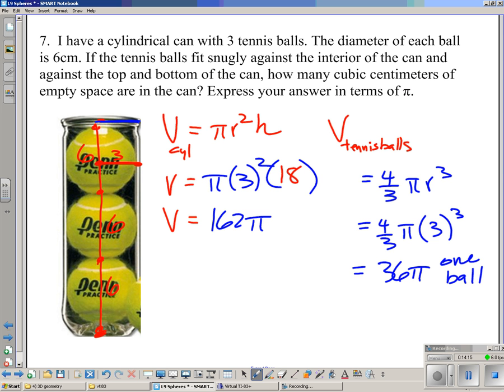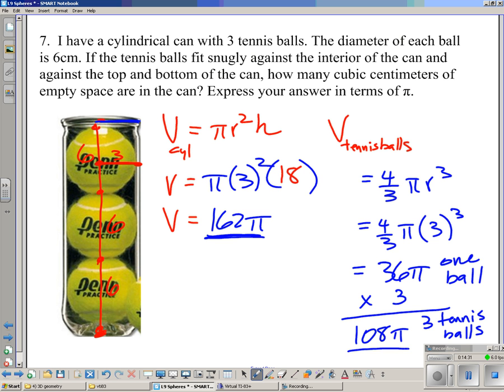Okay, we have 3 though, so 36 pi times 3 is 108 pi. This would be all 3 tennis balls. So if the whole can contains 162 pi, and the volume of all 3 tennis balls is 108 pi, we can subtract them to get the volume of empty space.